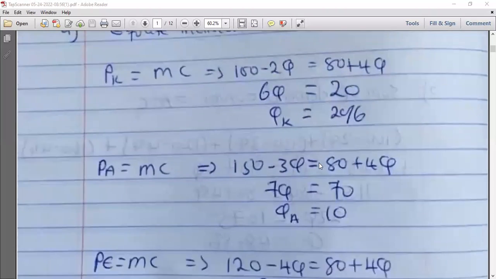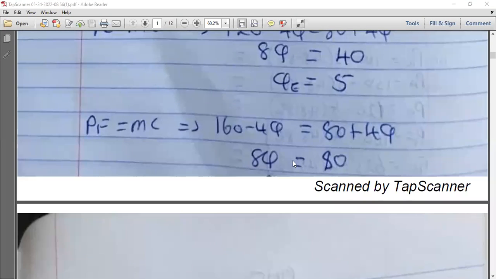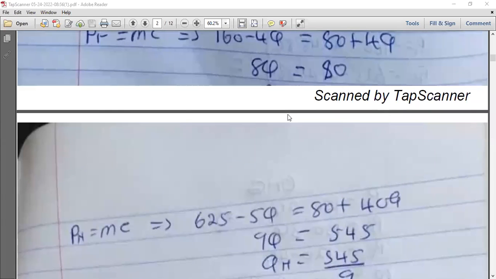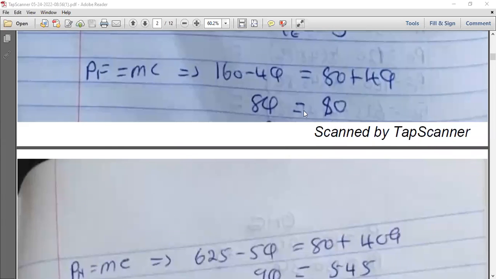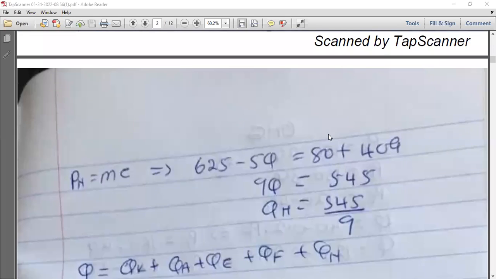Then likewise, for their demand functions, equate them to the marginal cost, then you solve for Q. So here Q is also going to be 10. I think when I was coming at this part, it didn't come, but from here, QF is supposed to be 10. Then we go to PN. So we equate PN to marginal cost. You solve for QN.